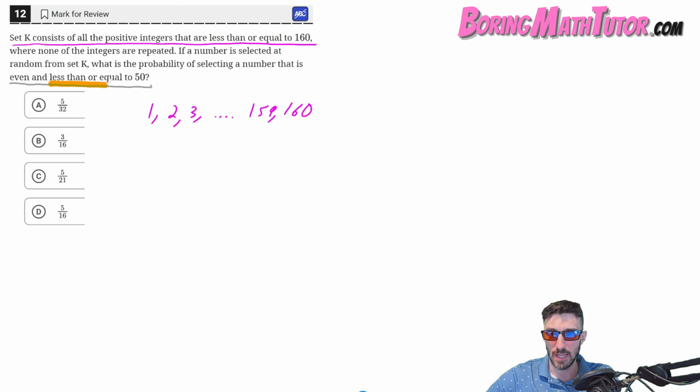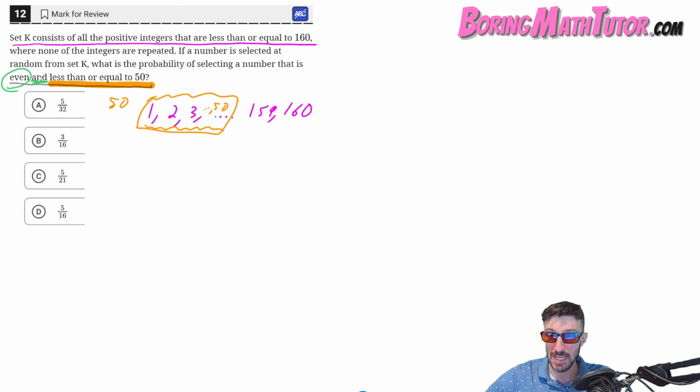Well, let's focus on the less than or equal to 50 part of that first. How many of those numbers would be less than or equal to 50? Well, you would have 1 through 50, so that would be 50 numbers right there. But then, out of those numbers, how many of those are also even?